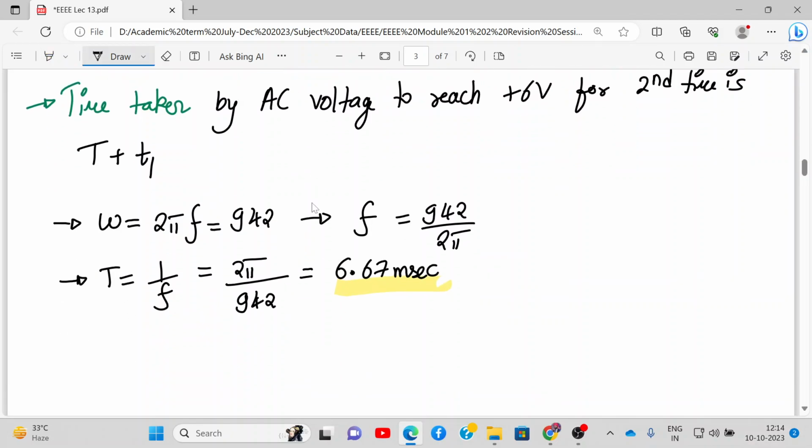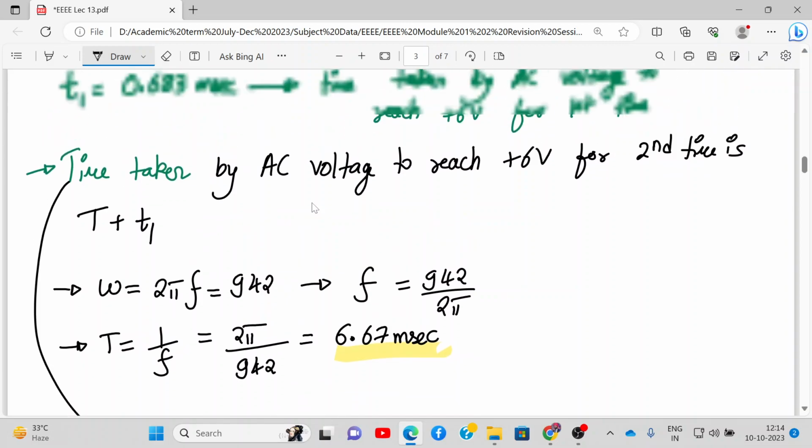Now we can easily calculate the time taken by the AC voltage to reach plus 6 volt for the second time, which will be T plus T1. That will be 6.67 millisecond plus, how much is T1?